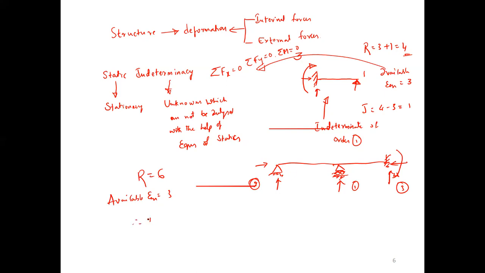So what is the indeterminacy? Indeterminacy is r minus available equations, so 6 minus 3, which is 3. So I can say that it is indeterminate of order 3. But this is one way of computing indeterminacy. We also have some analytical equations to find indeterminacy. In this section, we are going to study those empirical equations.